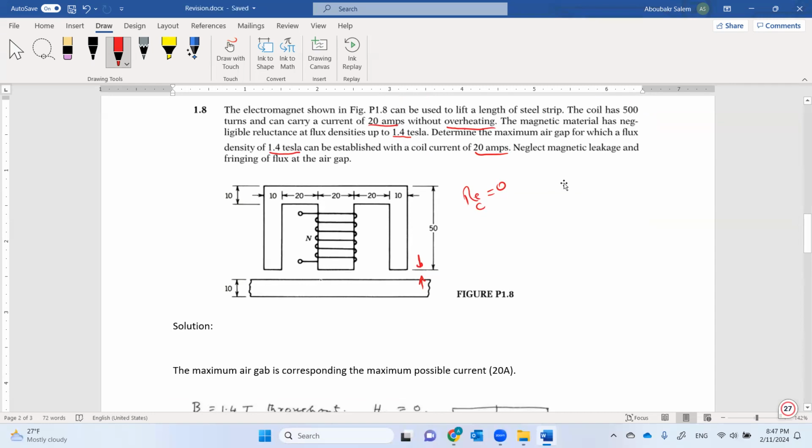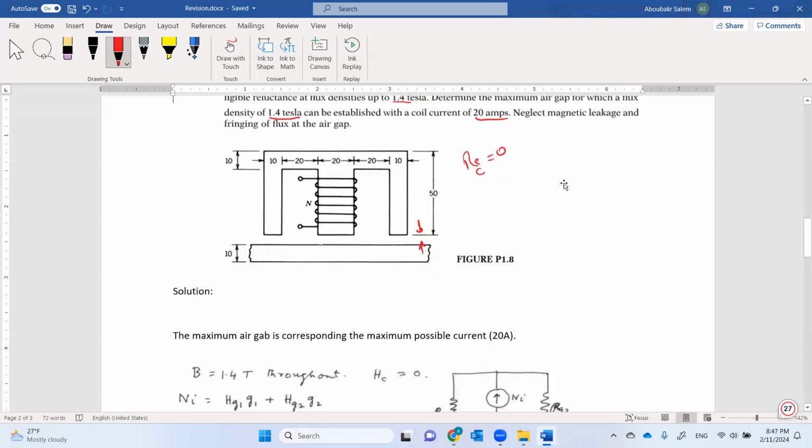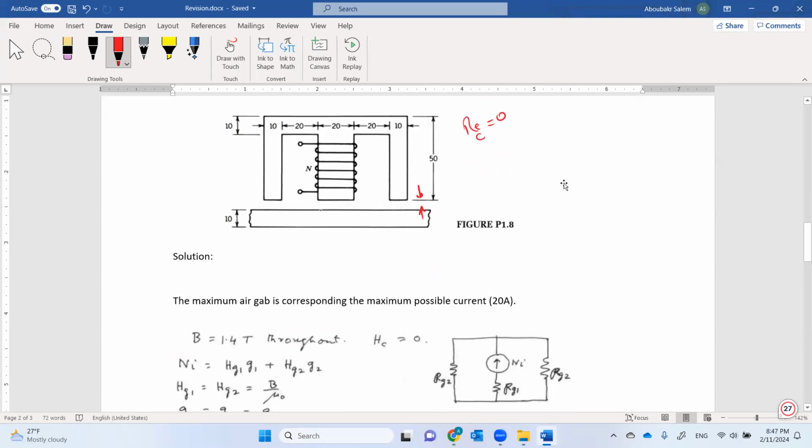So now, guys, we have a similar idea to the previous problem. We are going to consider only the flux and reluctance of our air gap. If we represent this circuit, guys, this is our Ni. So we have a source here of Ni, and then this is a reluctance of the core, it's neglected.